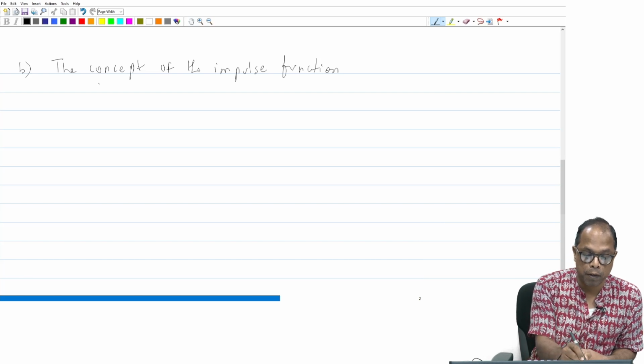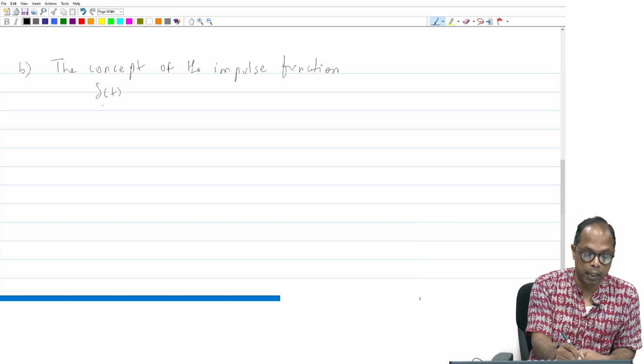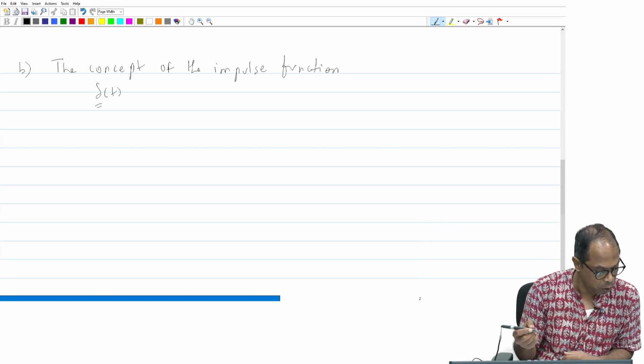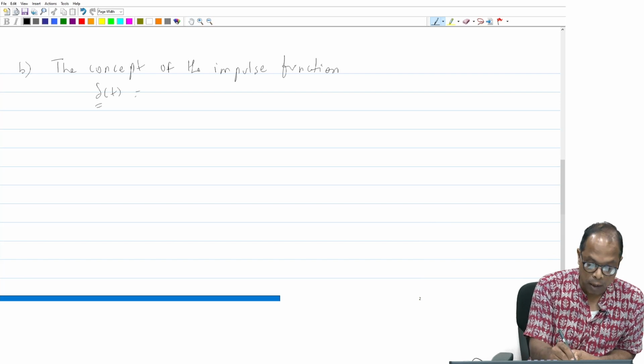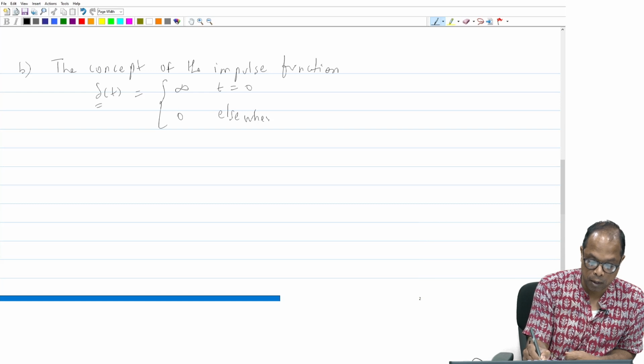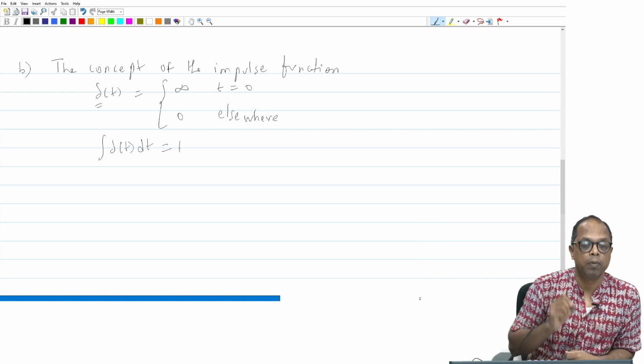The impulse function is denoted by a little delta with the argument t or x or u, whatever you want to take. We will have a value of infinity at t equal to 0, and a value of 0 elsewhere. However, the integral of delta of t dt is equal to unity.